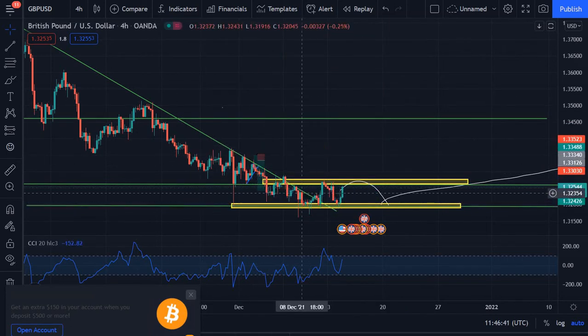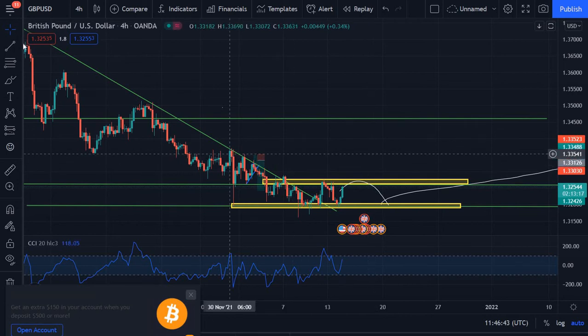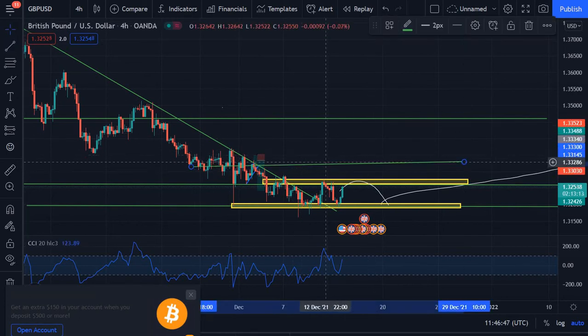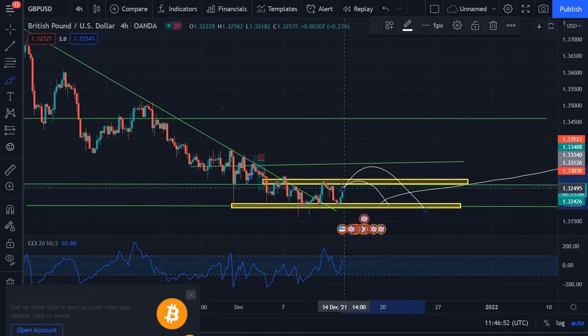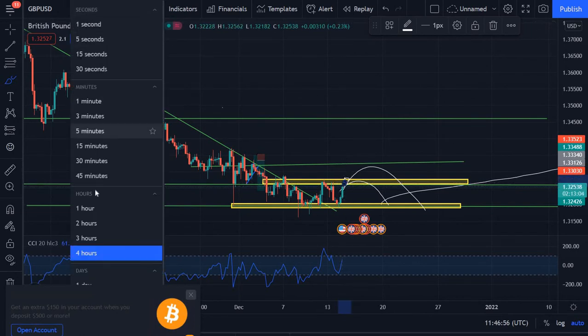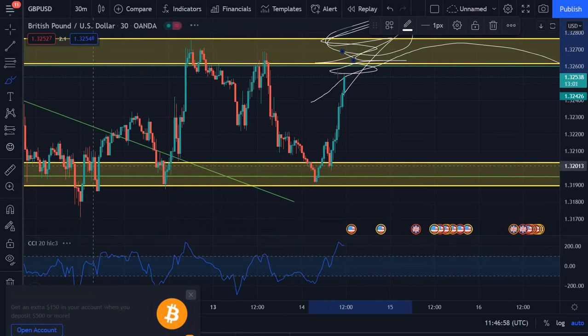Since we broke this trend line, we could start a little bit higher movement and maybe reach this area here before we go lower. But the first target or the first position for short would be around here.